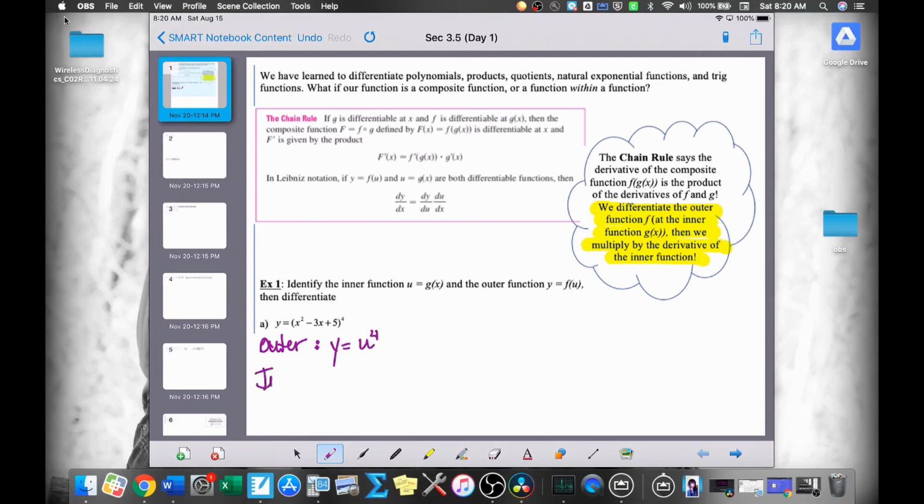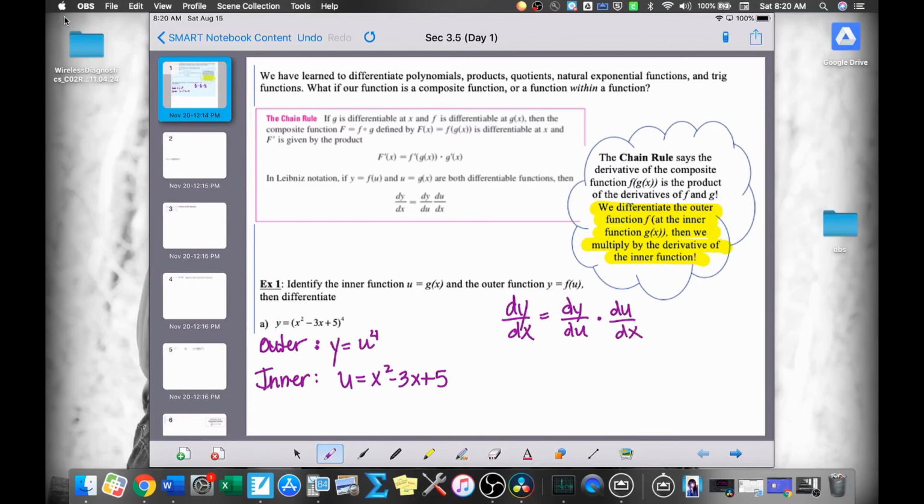So then our inner function in this problem is going to be u is x squared minus 3x plus 5. And the chain rule says in Leibniz notation that if we want to find the derivative of y with respect to x, then that is going to be the derivative of y with respect to u times the derivative of u with respect to x.